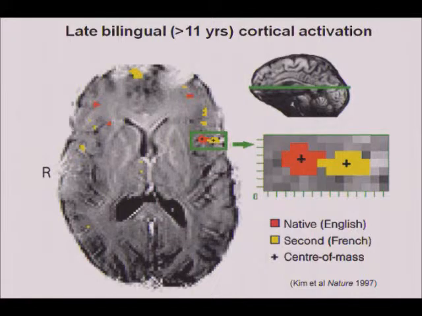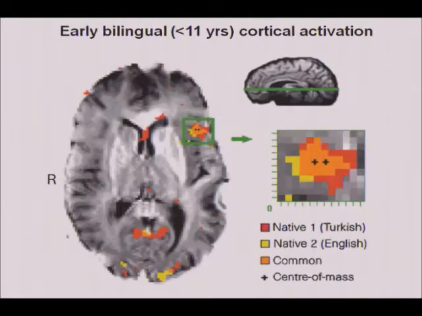So this is the brain of an individual who acquired a second language after the age of 11. And in particular, in language-related parts of the brain, you see that the first and second language activate discrete spots when processed. And this is different from people who are raised in a multilingual environment who seem to have shared resources for processing essentially two native languages.